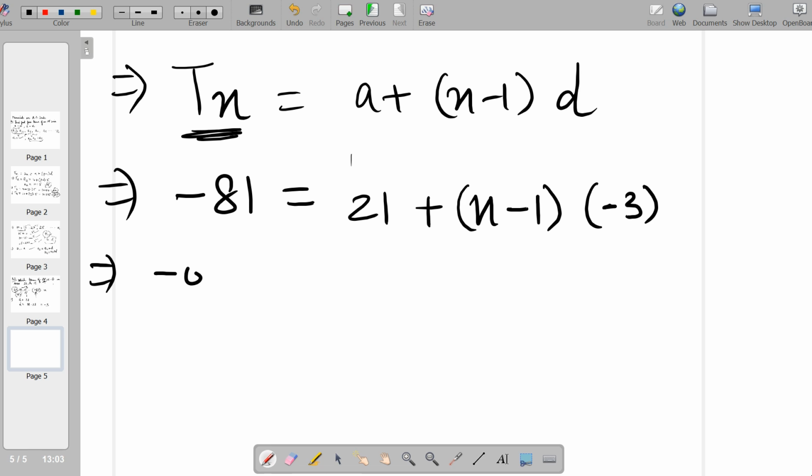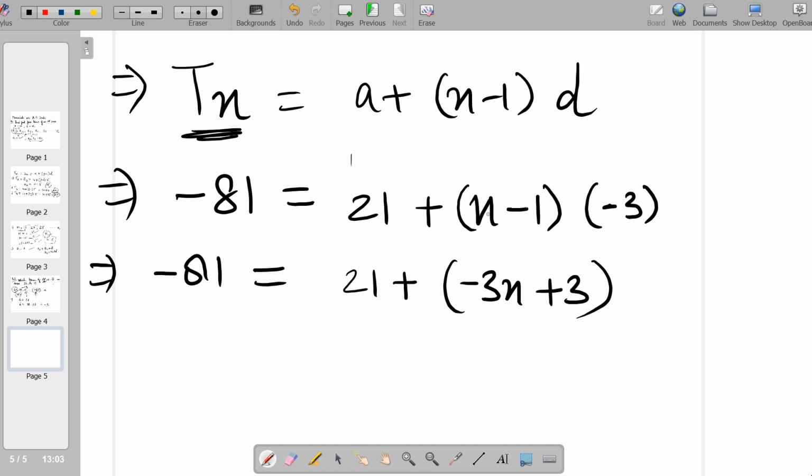Now let's solve this. Minus 81 is equal to 21 plus, this will give you minus 3n plus 3. n into minus 3 will give you minus 3n. Minus 1 into minus 3 will give you a positive value, plus 3. Now minus 81 equals 21 minus 3n plus 3.